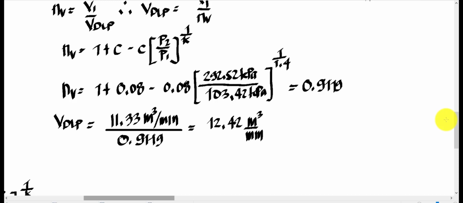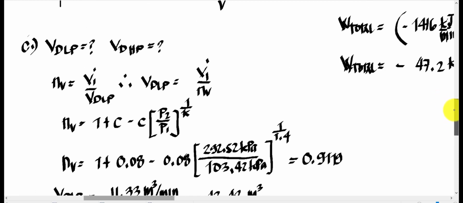Now we need to determine the volume flow rate at point 3.